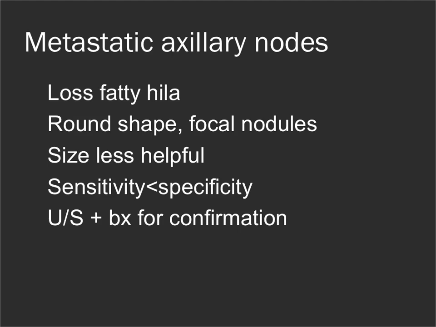The size is less helpful because you can have 3 centimeter completely benign appearing lymph nodes with fatty replaced hilum in the axilla. Our specificity tends to be greater than our sensitivity because we're not able to detect microscopic disease, and frequently it's helpful to go to ultrasound and then biopsy for confirmation.